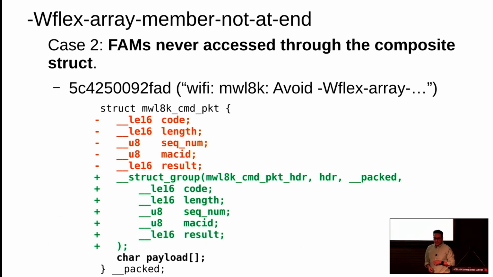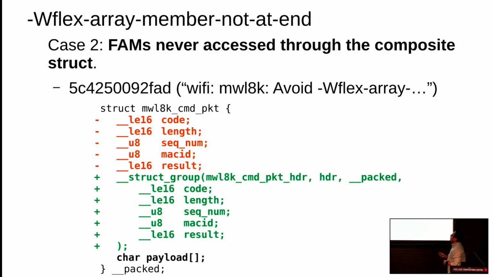This is kernel code, and this is an example of how I fix some of these issues using struct group. In this case, I am using a double underscore struct group because if you notice, this flexible structure is packed. So with this other helper, we can include attributes. We can group struct members with attributes.